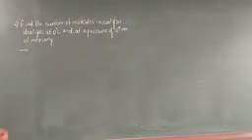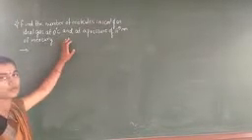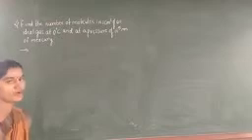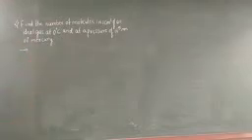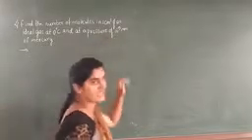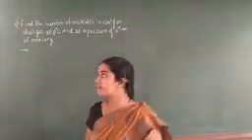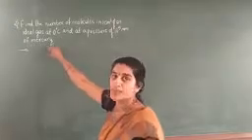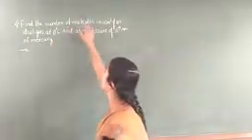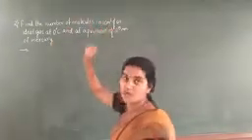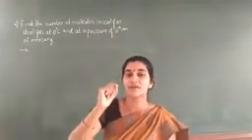Next question. Find the number of molecules in 1 centimeter cube of an ideal gas at 0 degree Celsius and at a pressure of 10 raised to minus 5 millimeter of mercury. Here we have to find the number of molecules in 1 centimeter cube of an ideal gas at 0 degree Celsius.